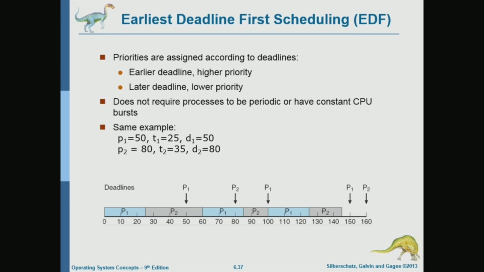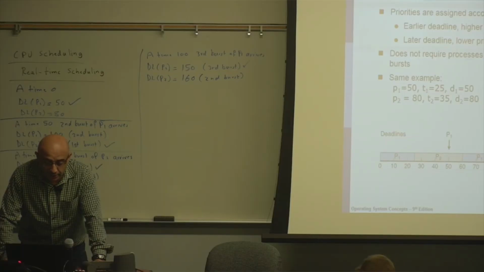Okay. So the designer of the system is responsible for designing the system such that you can meet the deadlines. So that's the system design issue, but definitely not all deadlines can be met. And we gave an example of deadlines that cannot be met.